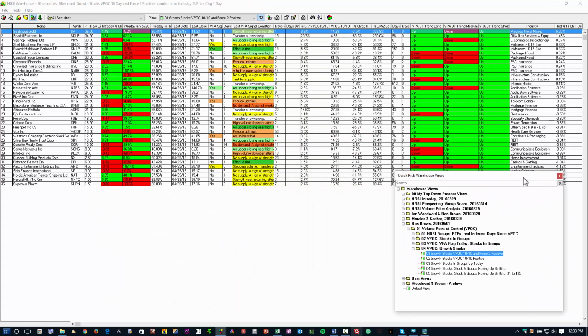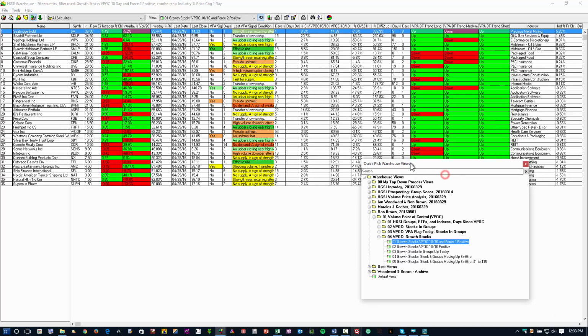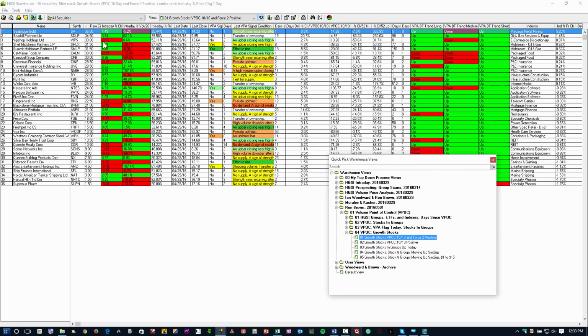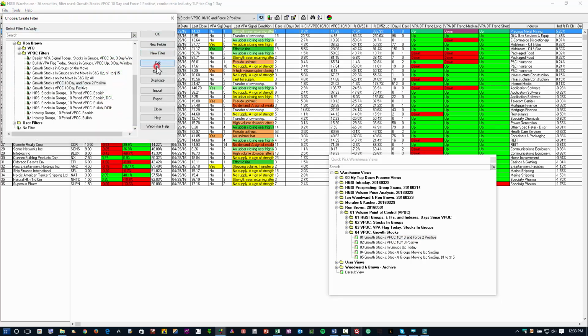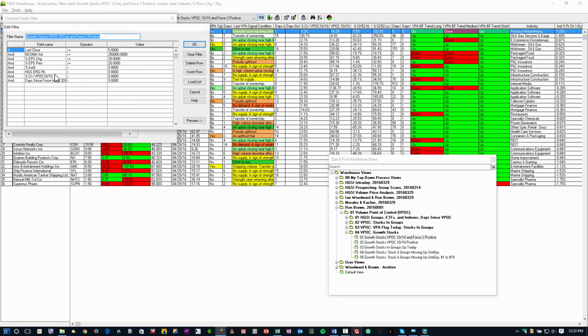Now, these are growth stocks, and growth stocks, I am not extremely stringent on the numbers, but what I did on all these is I'm requiring that the current quarter and the previous quarter have at least 20% EPS gains compared to the same quarters 1 year ago.